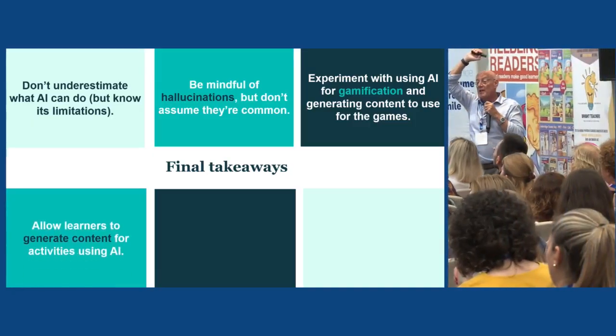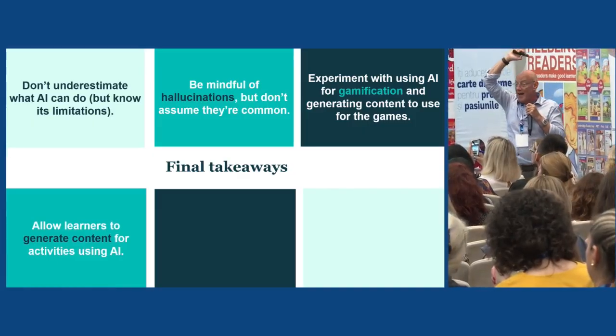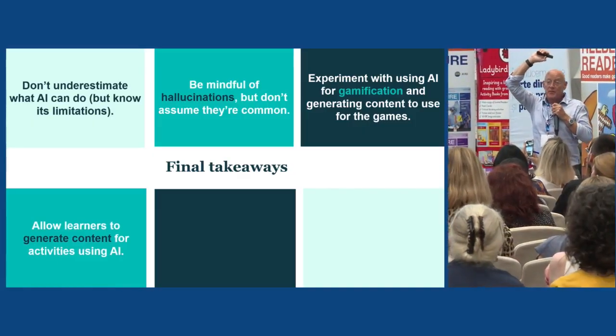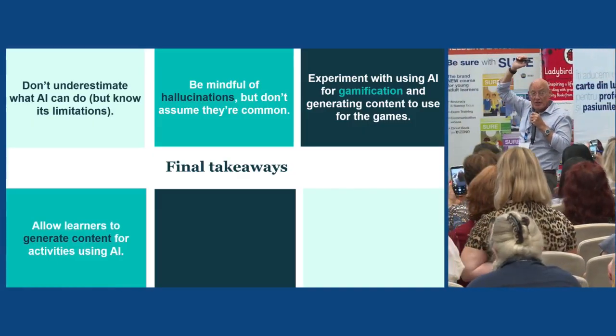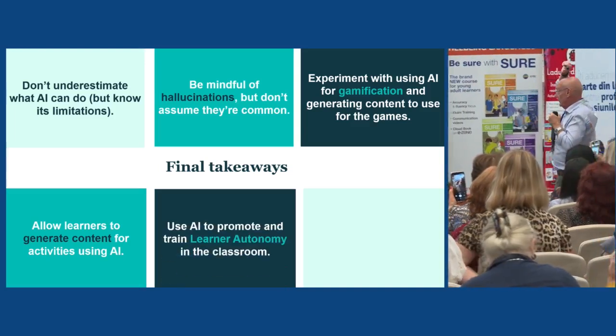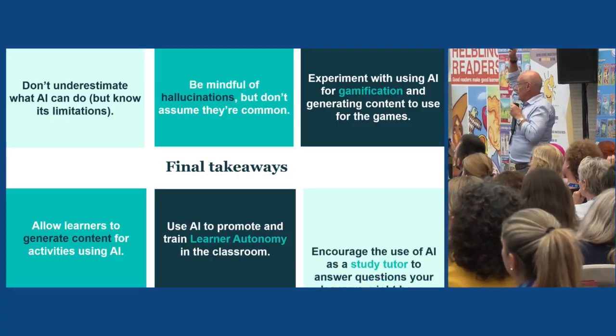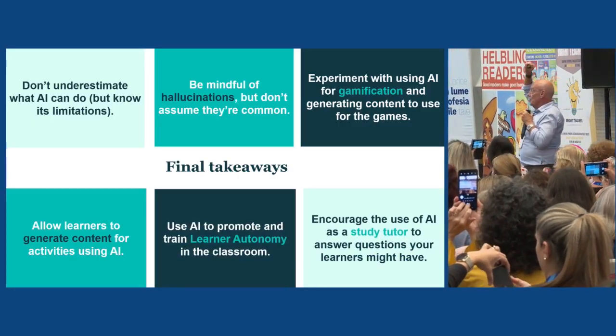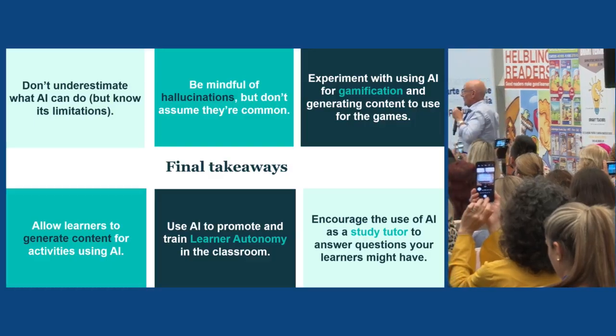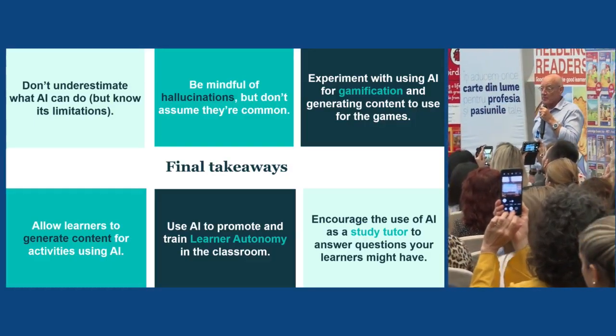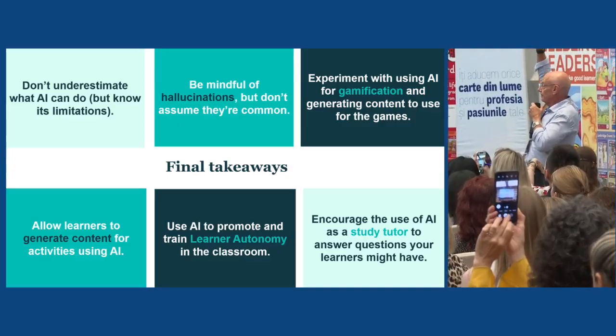Use it in the classroom, let your learners use it, don't ban it. If you ban it, they'll cheat with it. But if you embrace it and train them on using it, everybody will benefit. I think that's the same sort of point. And the last point is you can use AI as a study tutor. Take away some of the hard work that you have to do.